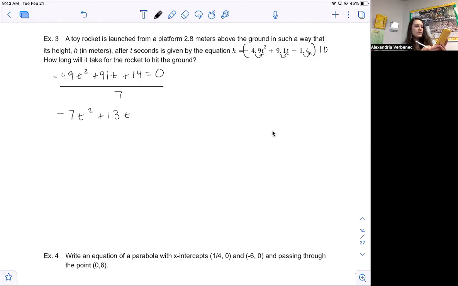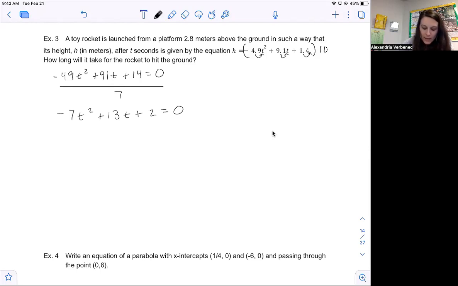And 14 divided by 7 is plus 2 equals 0. Now, if you don't do a GCF, it'll still work, but you'll get super huge AC numbers. If you can do a GCF like I just did, dividing by 7, then when you multiply A times C, the number will not be as overwhelming.